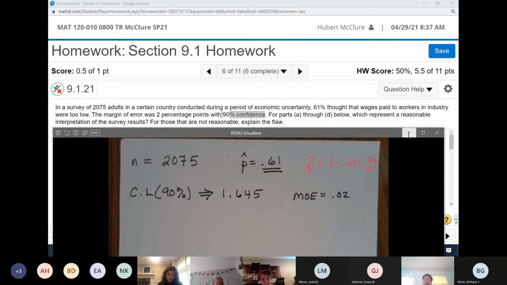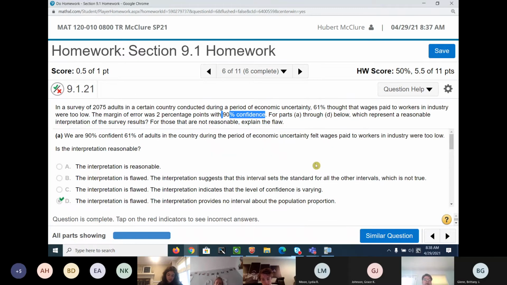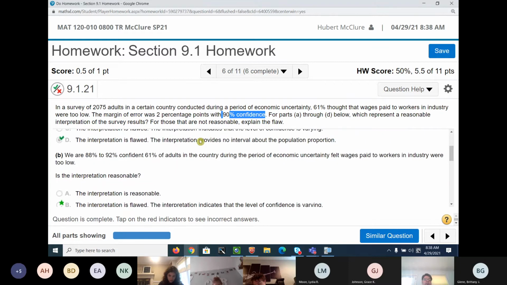So write down these answers so you'll get it. The interpretation is flawed because the interval does not dictate the problem. The confidence level dictates the problem. We are 88% to 92% confident?